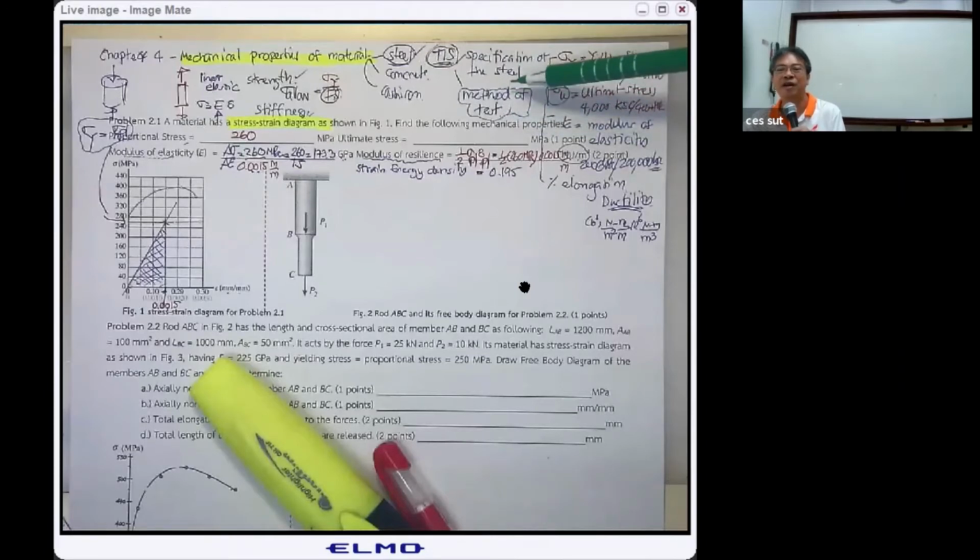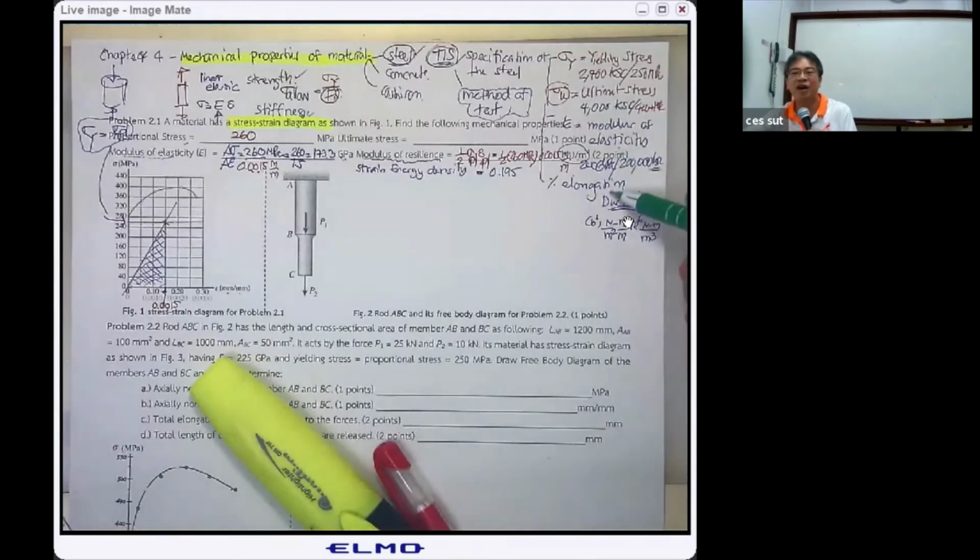And so the specification of steel we are learning here is going to talk about the mechanical properties of the steel: sigma sub y, the yielding stress; sigma sub u, the ultimate stress; the modulus of elasticity, which is this E; and the percent elongation.